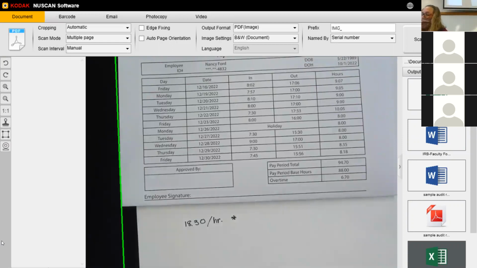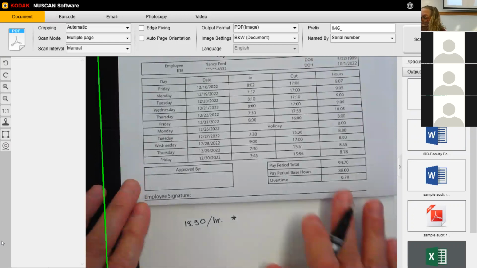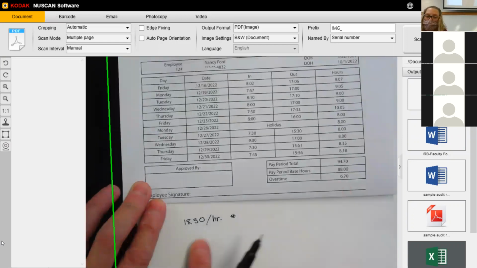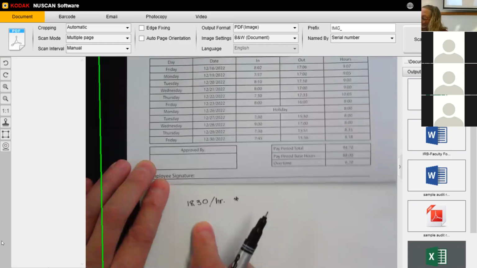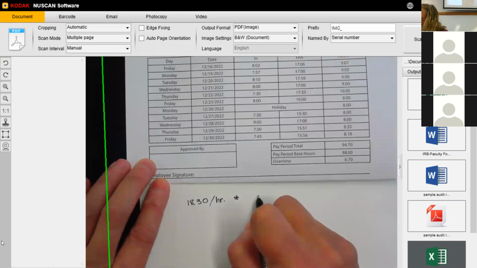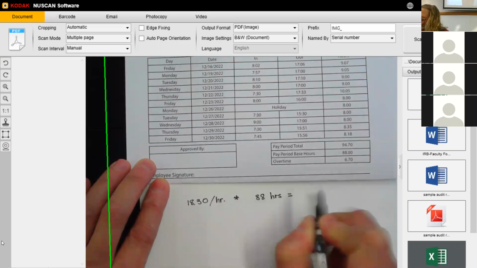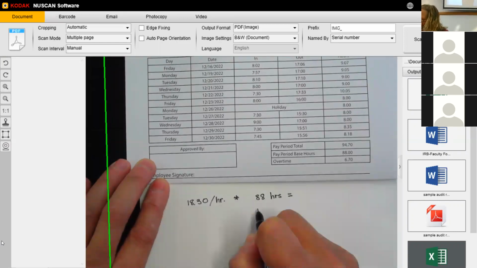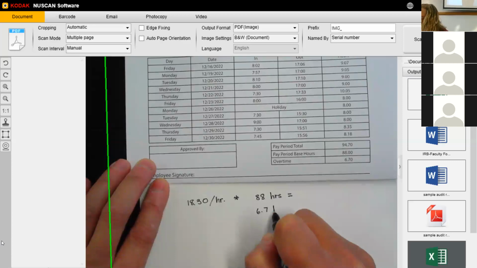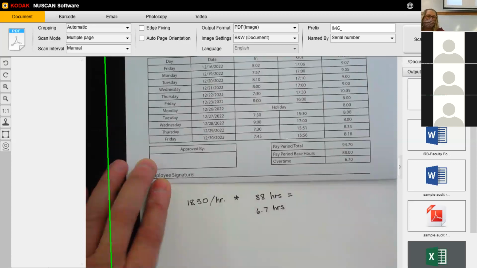Overtime. So she worked, we just updated her hourly rate. Her normal base rate is $18.30 per hour. She worked 88 hours at that rate, and she worked 6.7 hours at her overtime rate.